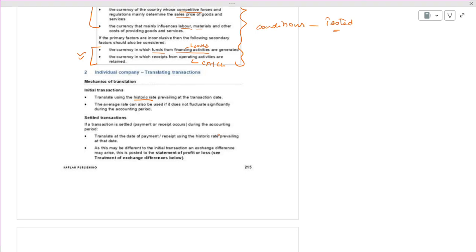The average can be used if it does not fluctuate significantly. If there are no movements, then we will take the average. If the currency is fluctuating, then we take the specific date rate.